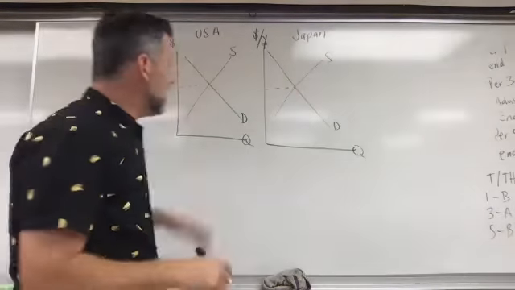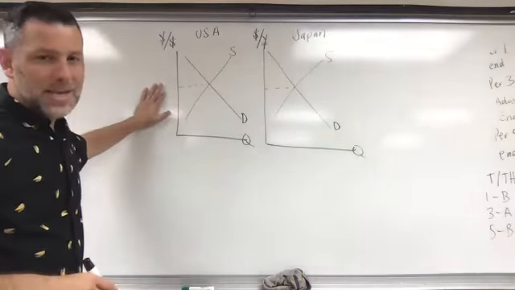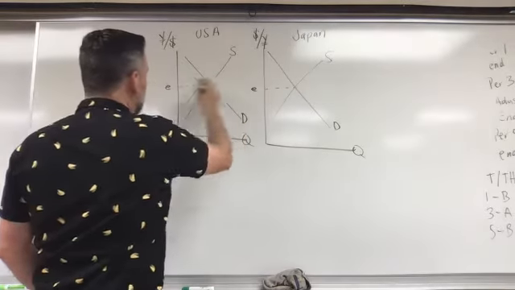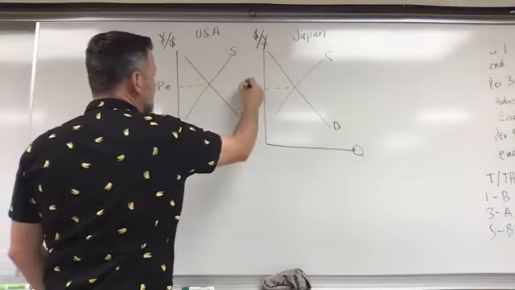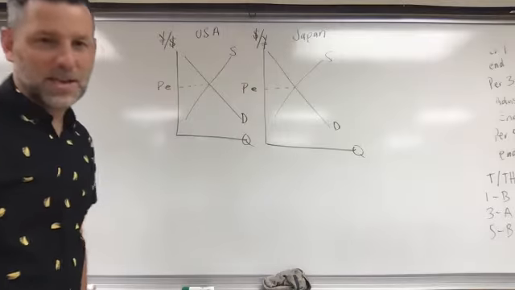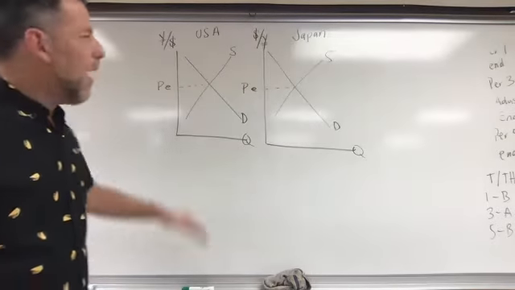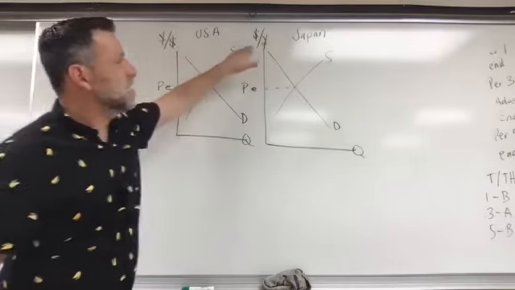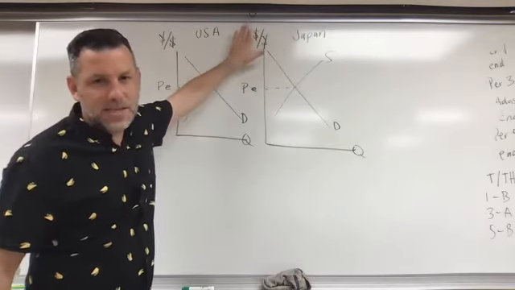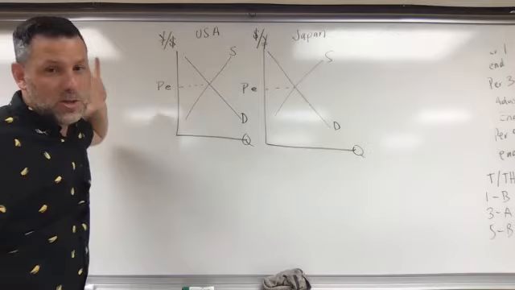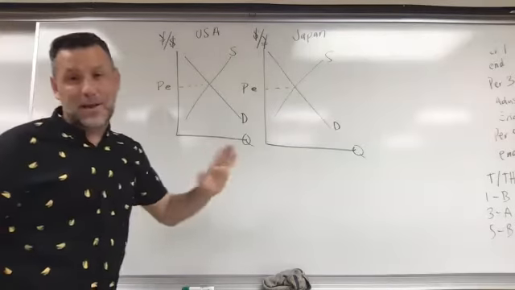Over here on the side, you could just use an E for equilibrium, or you could even use a P sub E for equilibrium price of that currency. I usually use P for price, but you have to make sure that your y-axis is labeled correctly. If you just have the P, then you're going to get that marked wrong on my test and on the AP test.